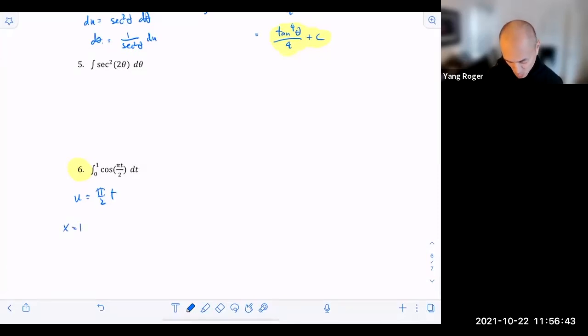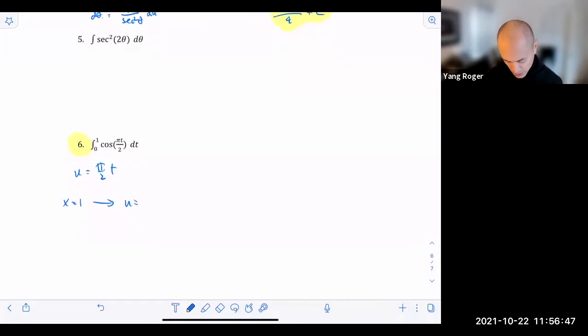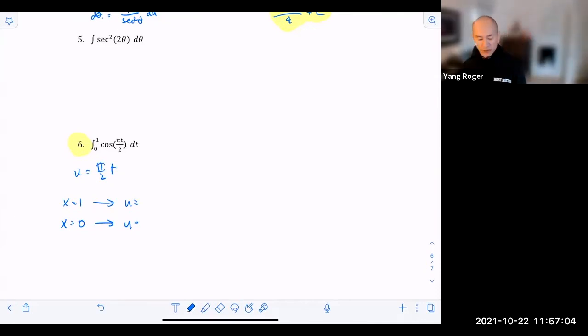So you've got x equal to 1, that has to go to u equal to something. x equal to 0, that has to go to u equal to something. So I want to give you 2 more minutes to finish this off before I go over this myself. But I just want to make sure that you're on the right track. So just try to finish this off.